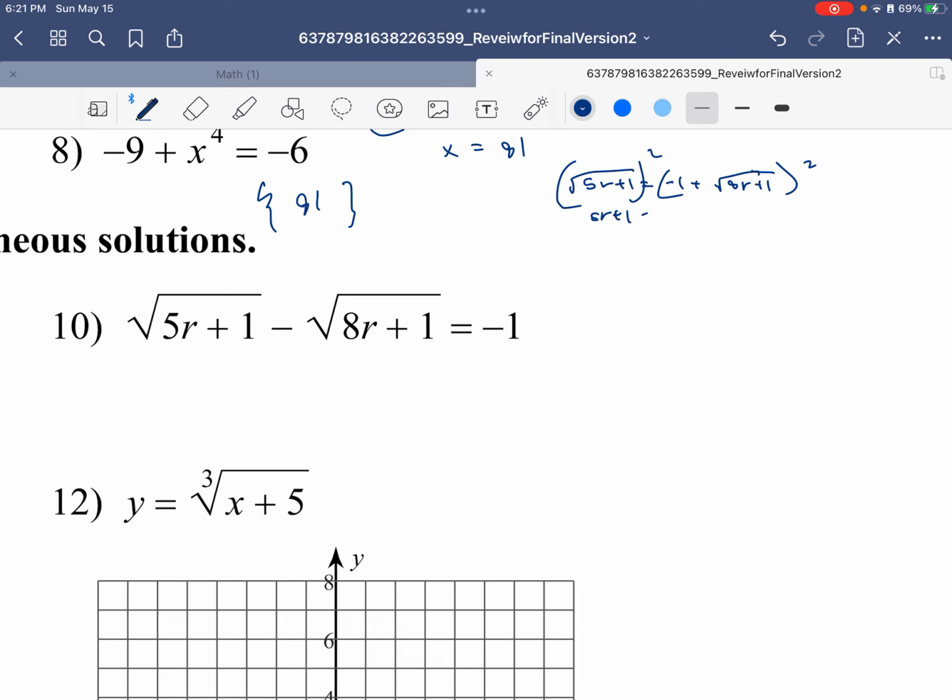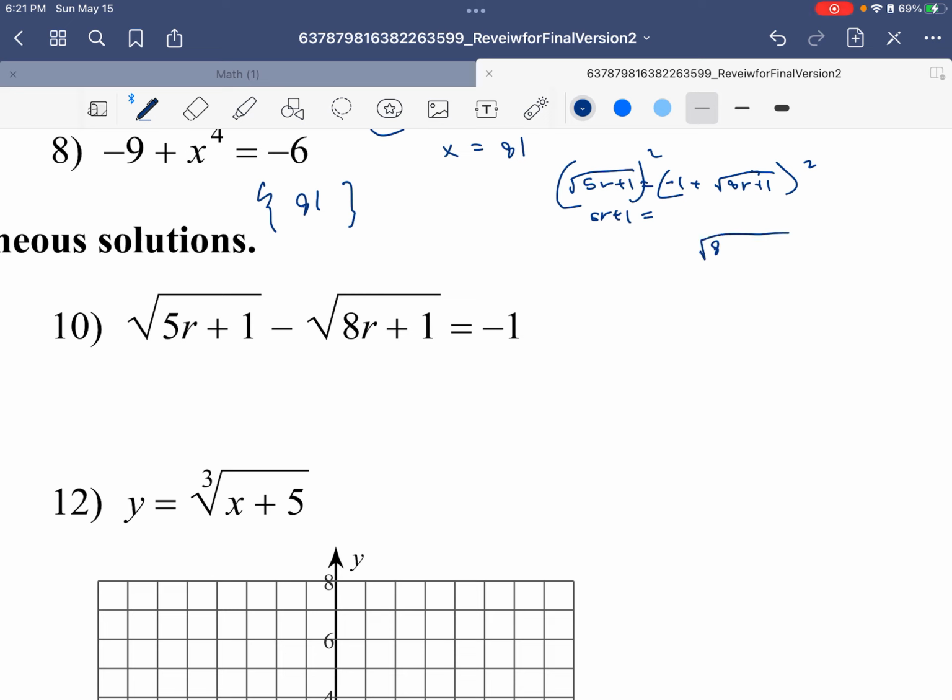That gets rid of our square root, and over here we have, following the same formula, a squared plus 2ab plus b squared. And that's gonna give us a squared, so this is gonna be, oh, let me rewrite this so it's a little more clear.